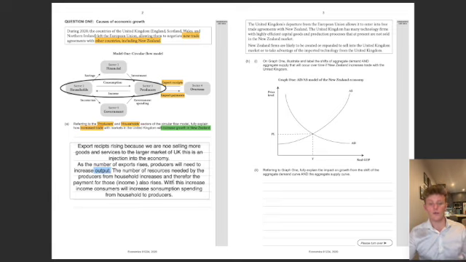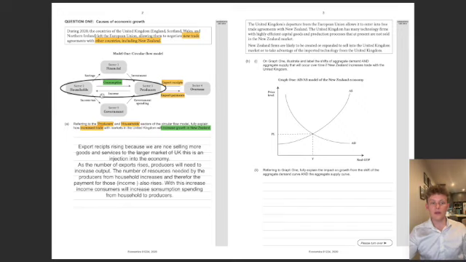And then with those increased incomes, the customer is now going to spend more on consumption.